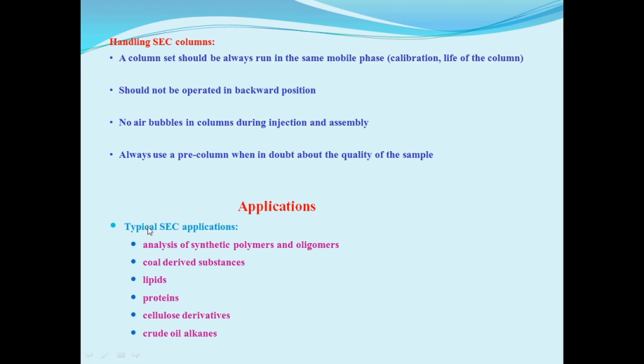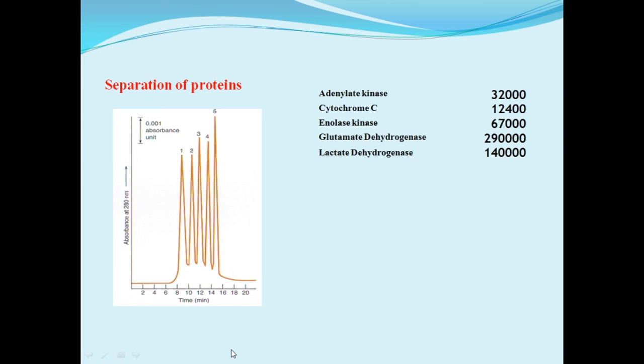Applications. Typical size exclusion chromatography applications: analysis of synthetic polymers and oligomers, coal-derived substances, lipids, proteins, cellulose derivatives, crude oil alkenes. Separation of proteins.